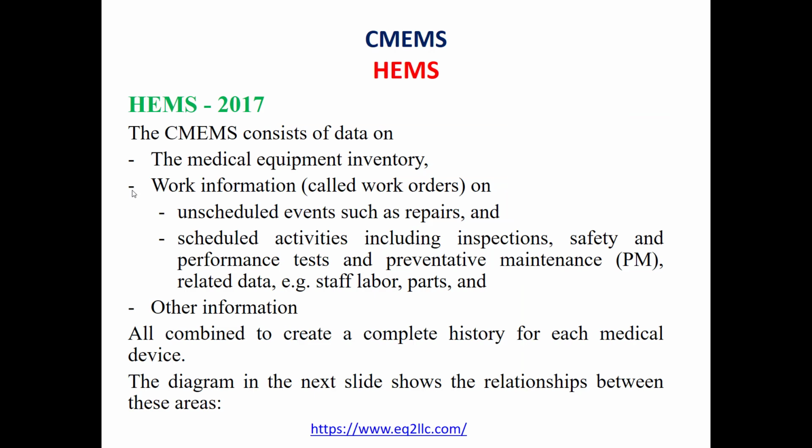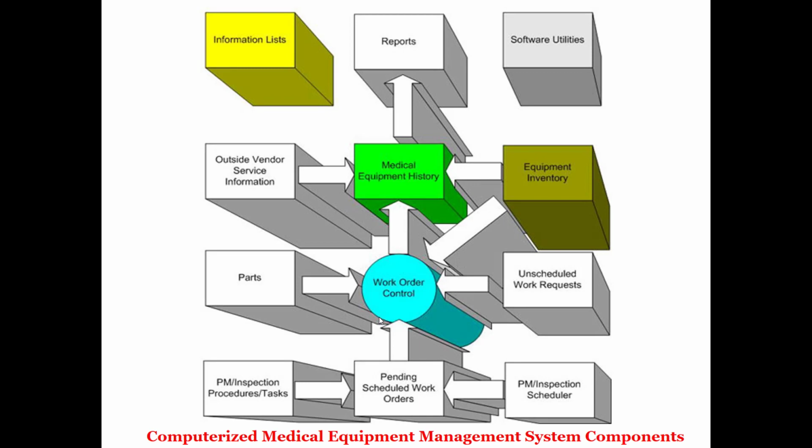The HEMS system consists of data on the medical equipment inventory and the work information. The work information, also known as work orders, can be separated into scheduled and unscheduled, and we also have other information, all combined to create a complete history for each medical device, as we will see in the next slide.